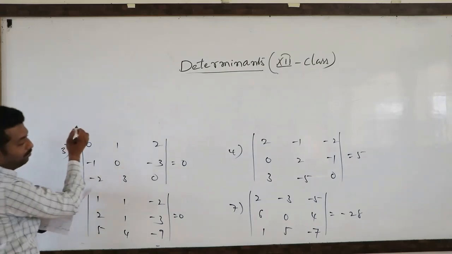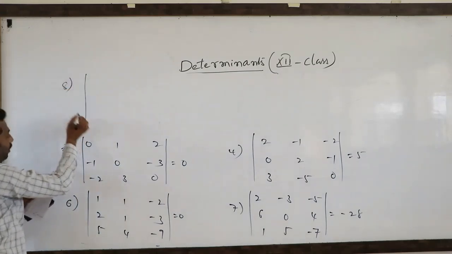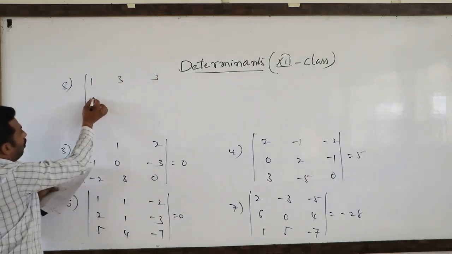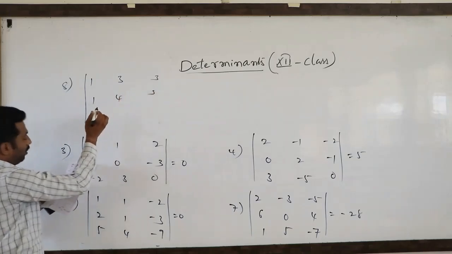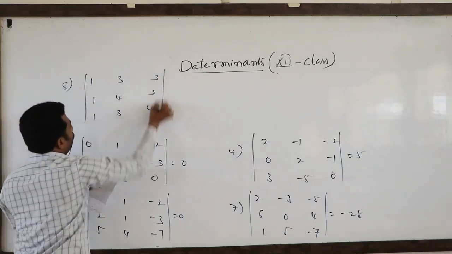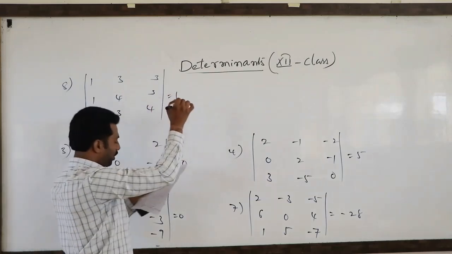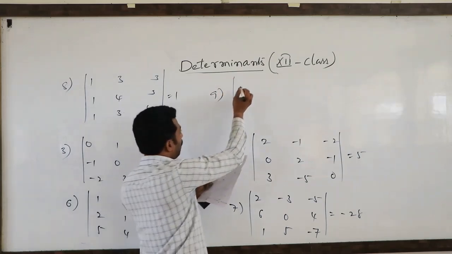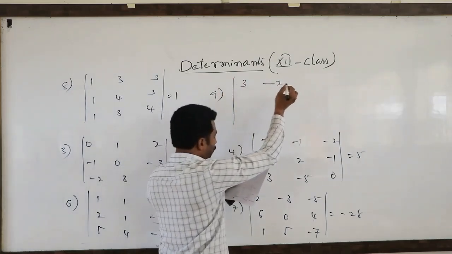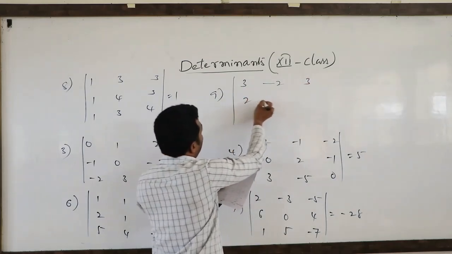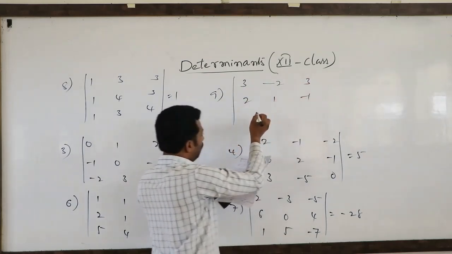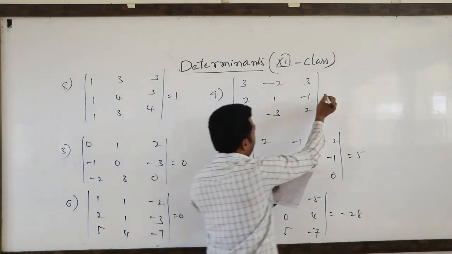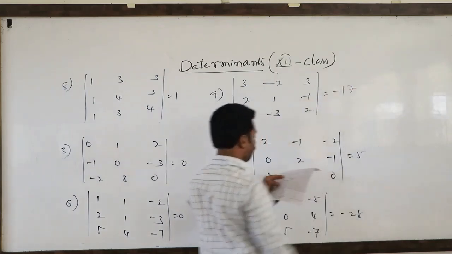Next, question number 8, determinant of 1 3 3, 1 4 3, 1 3 4 is equal to, answer is 1. You have to check. Next, question number 9, determinant of 3 minus 2 3, 2 1 minus 1, 4 minus 3 2. This answer is minus 17.